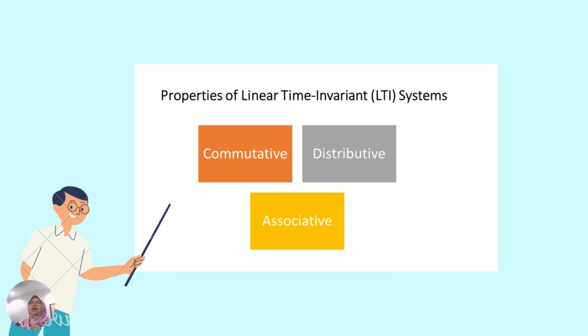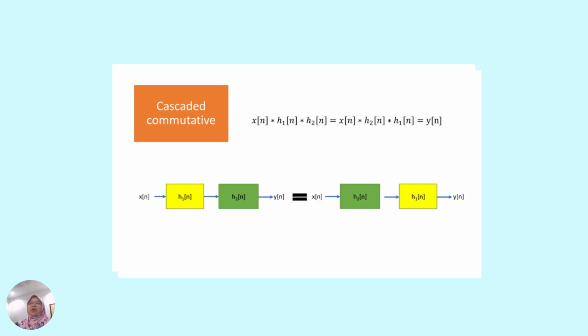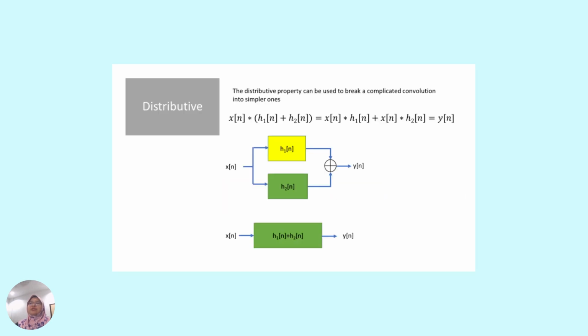Okay. And then we look at the properties of linear time invariant systems. We have looked at commutative, distributive, associative. Okay. So here for commutative, you can see that xn convolved with hn equals hn convolved with xn. So this is the same as what I told you earlier about convolution. So commutative, yeah. And then we have cascaded commutative, then we have distributive.